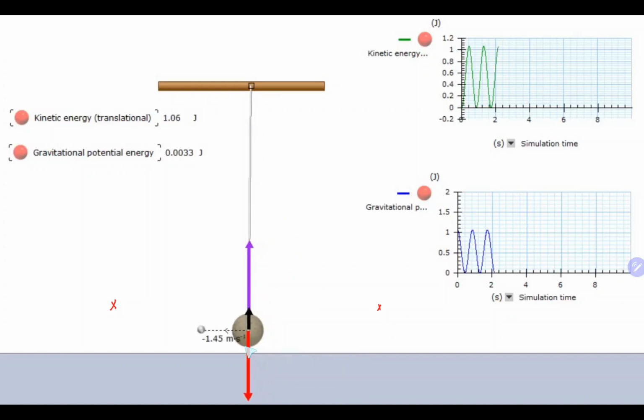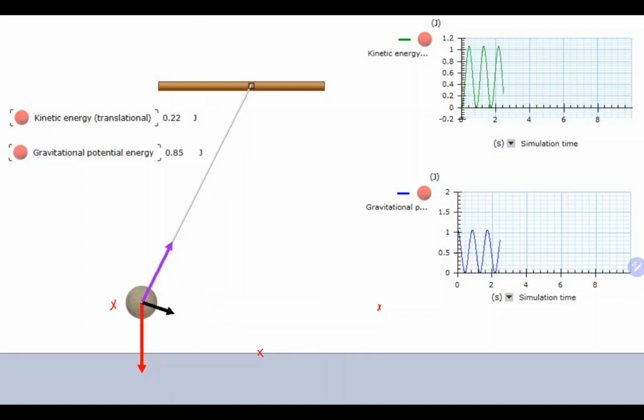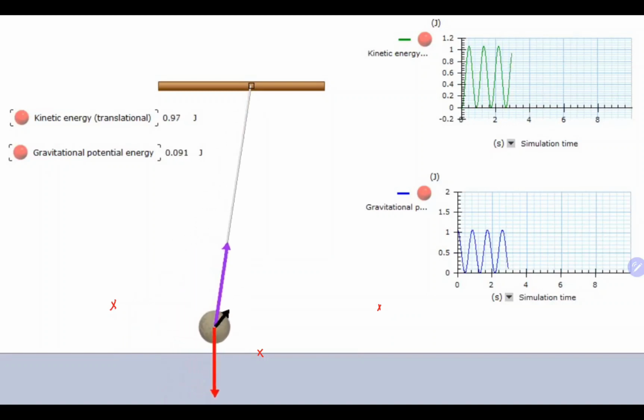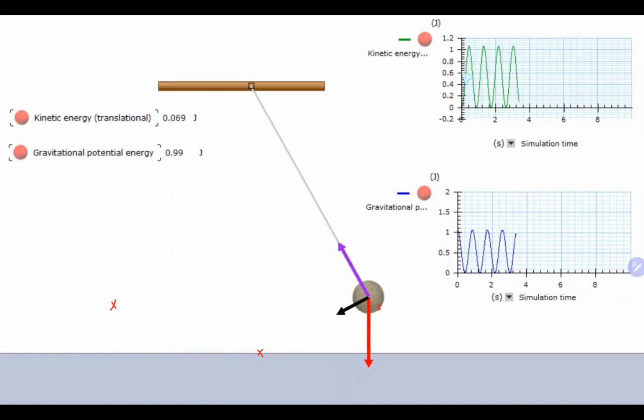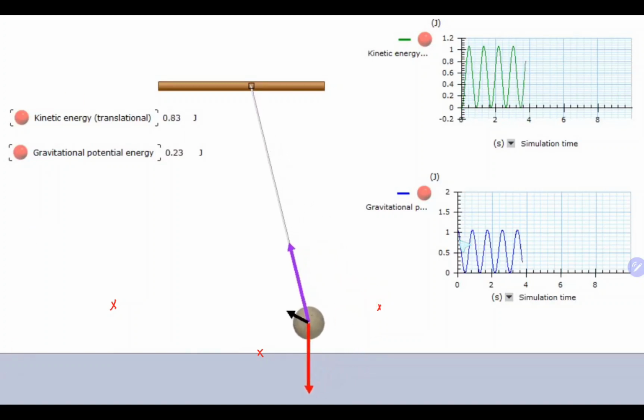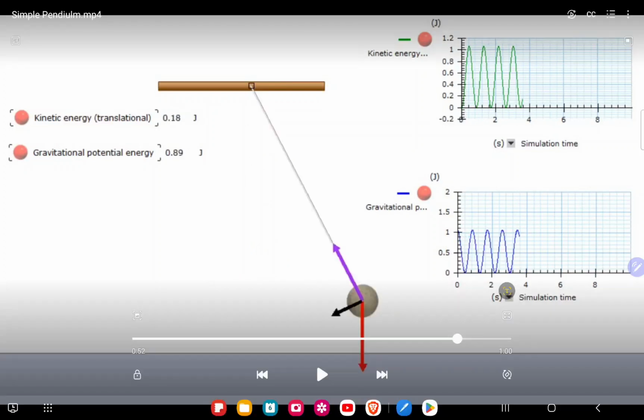The maximum kinetic energy will be right at the bottom. In all cases, look at the graph: the gravitational potential energy starts from 0 and the kinetic energy starts from the maximum value. What I'm trying to say is that energy is conserved.